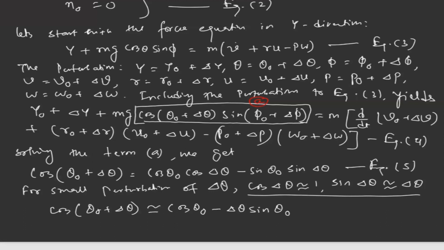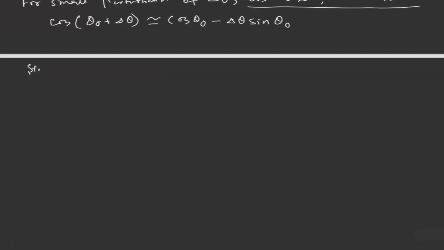Now we can do the same thing for sine phi naught plus delta phi. Let me expand the term: sine phi naught plus delta phi is sine phi naught cos delta phi plus cos phi naught sine delta phi.